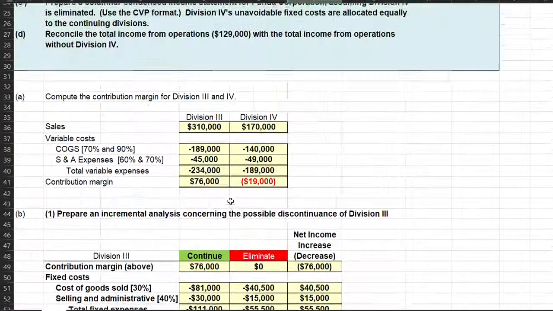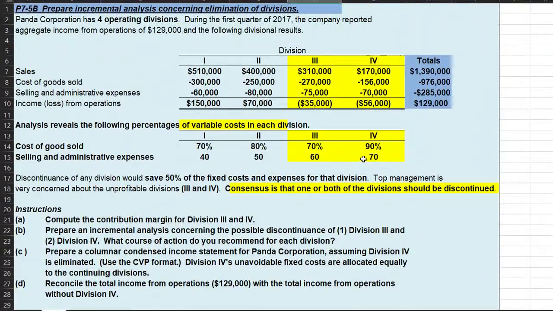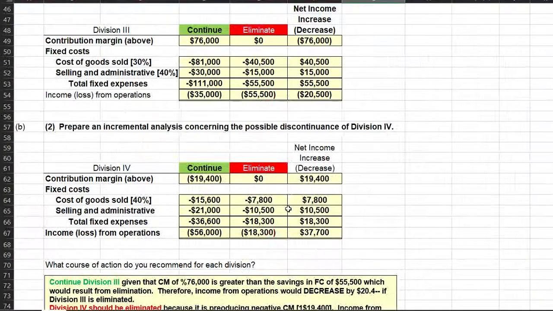40%, I think that's the percentage we're dealing with, actually 30% of $70,000, which would be $21,000, is the fixed cost. We would then still have half of that if we eliminated Division 4, and so there will be a $10,500 increase in net income should we eliminate Division 4.